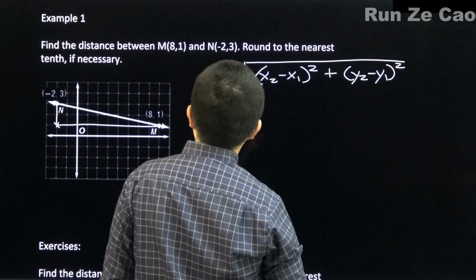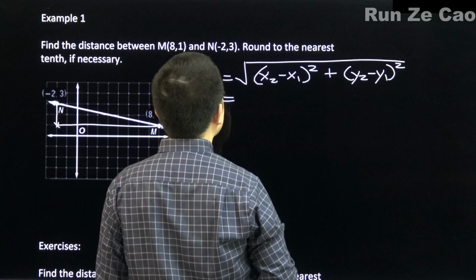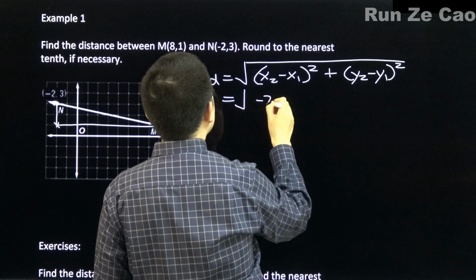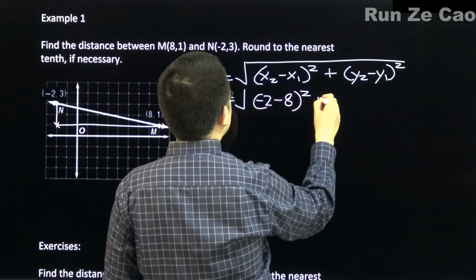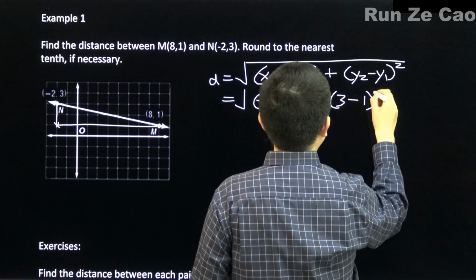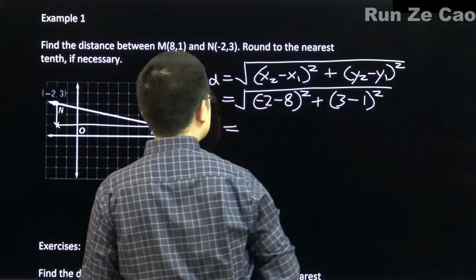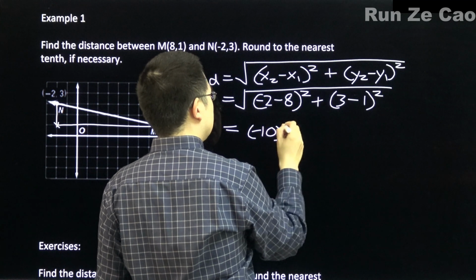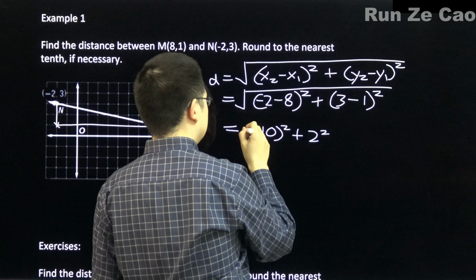Let's put this down as x2. So, -2 minus 8 squared plus y2, which is 3, minus y1, which is 1, squared. This is equal to -10 squared plus 2 squared.